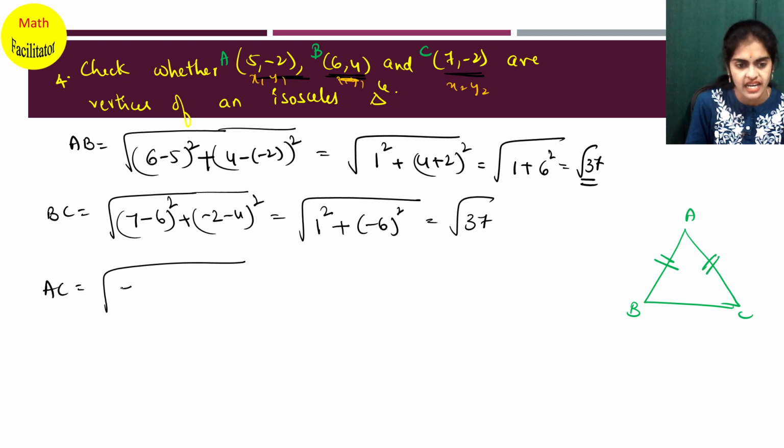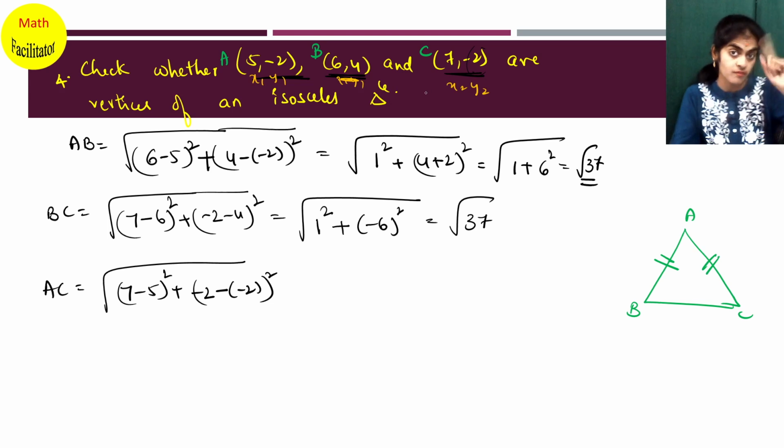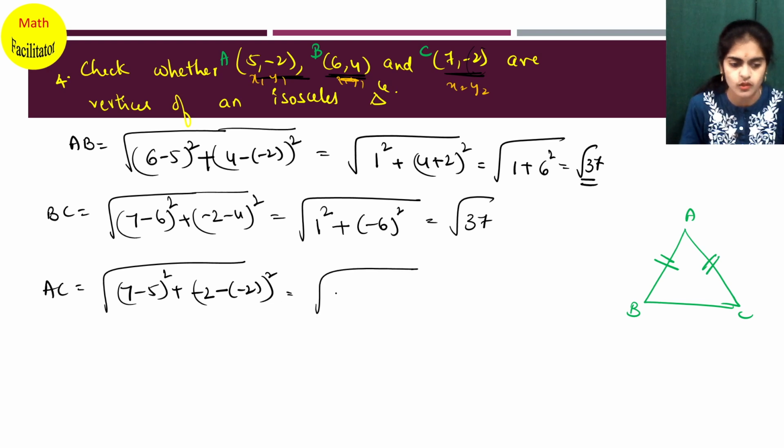So root over x2 minus x1 the whole square plus y2 minus y1 the whole square. Okay, y2 is minus 2 and again y1 is also minus 2. So minus 2 minus minus 2, y2 minus y1. So that is equal to root over 7 minus 5 is 2 square plus minus of minus 2 is minus 2 plus 2 whole square. So how much do we get here?